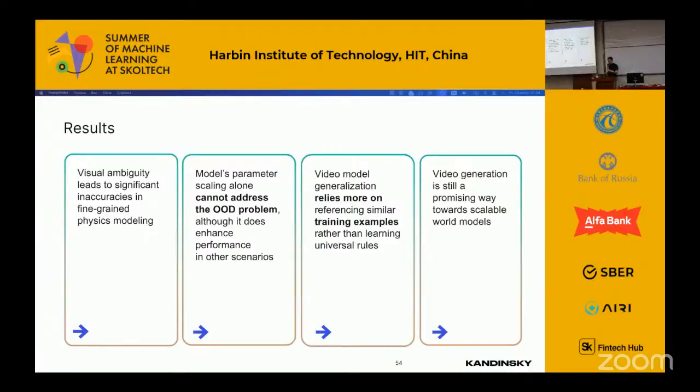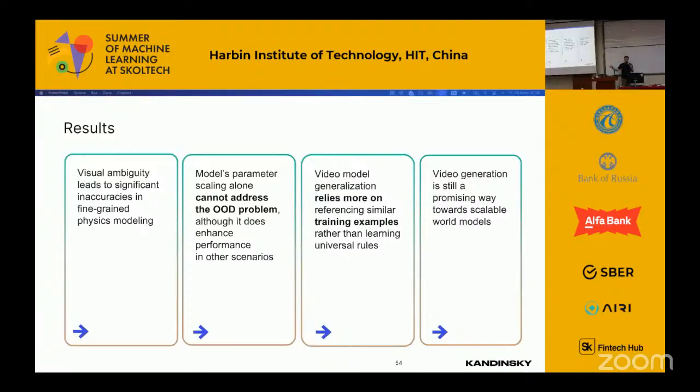But despite these problems, video generation is still a promising way towards scalable world models. Because why? Because they took the simple scenario and never used another scenario. So they trained the model only on 2D simple forms, 2D simple laws, and so on.